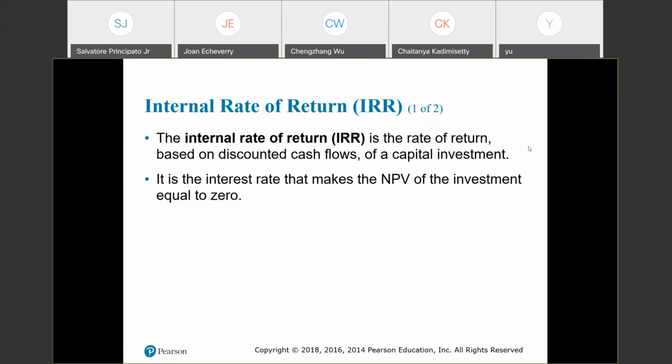Regarding time value of money, we know for calculation we need three factors. First, the principal amount. Second, the number of periods. Third, the interest rate.